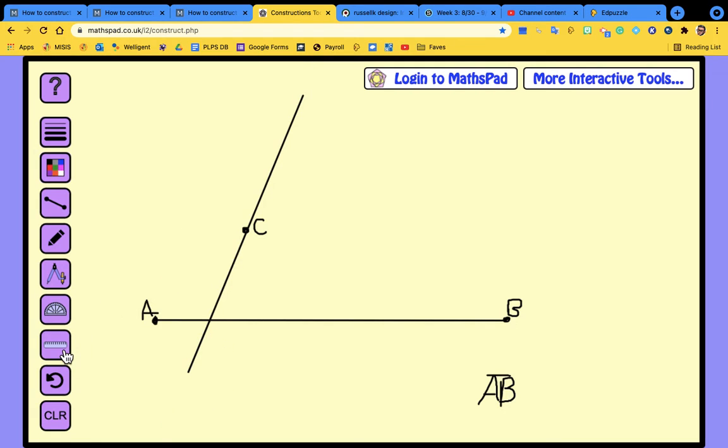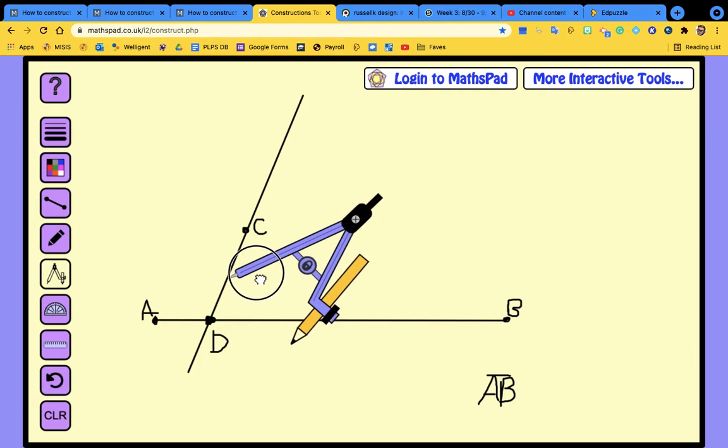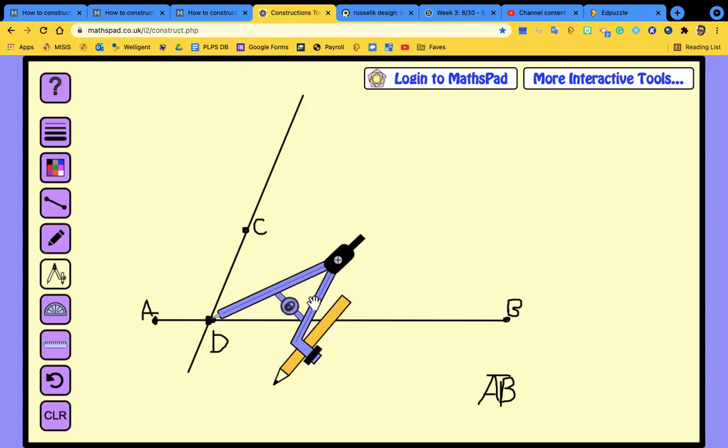Okay, there we go. Next, we're going to take our compass, and you're going, oh, wait a minute. Before that, we created another point here. Look at this, another intersection. So we're going to call this D. Now we take our compass, and we place our compass on point D, just like that.